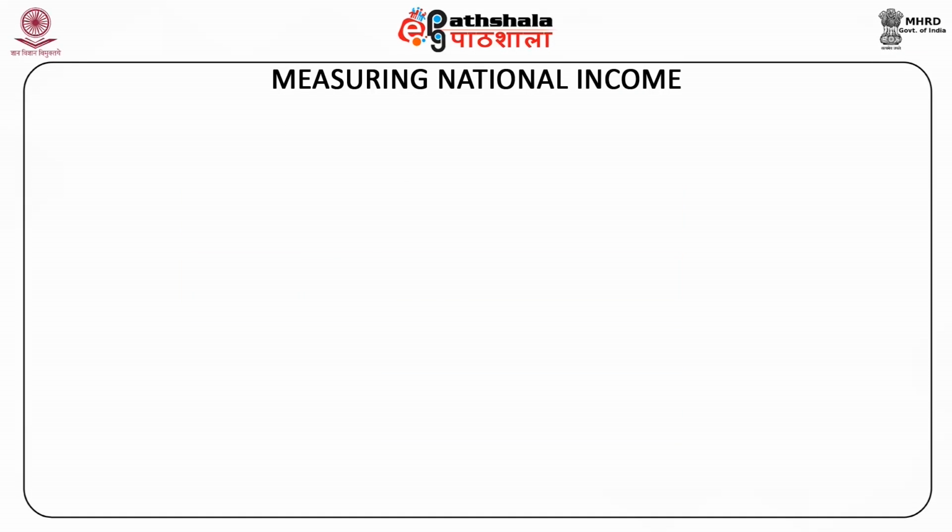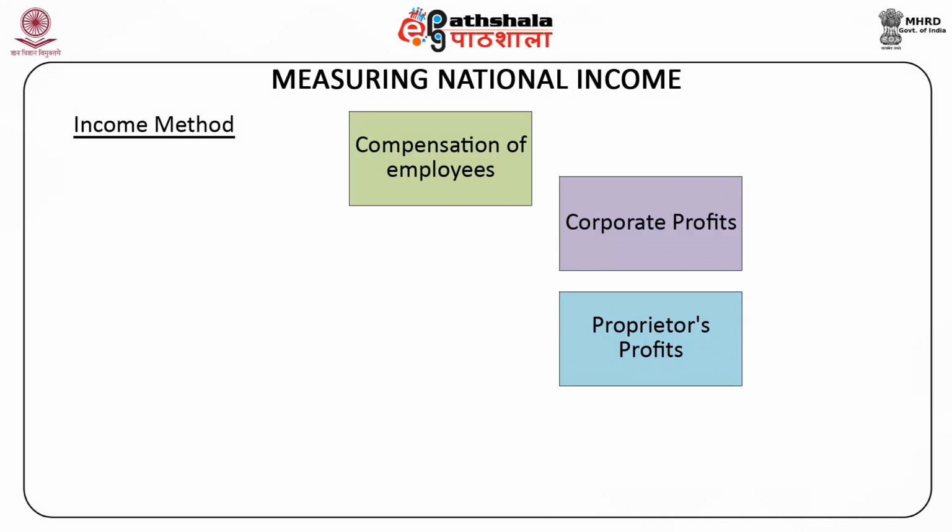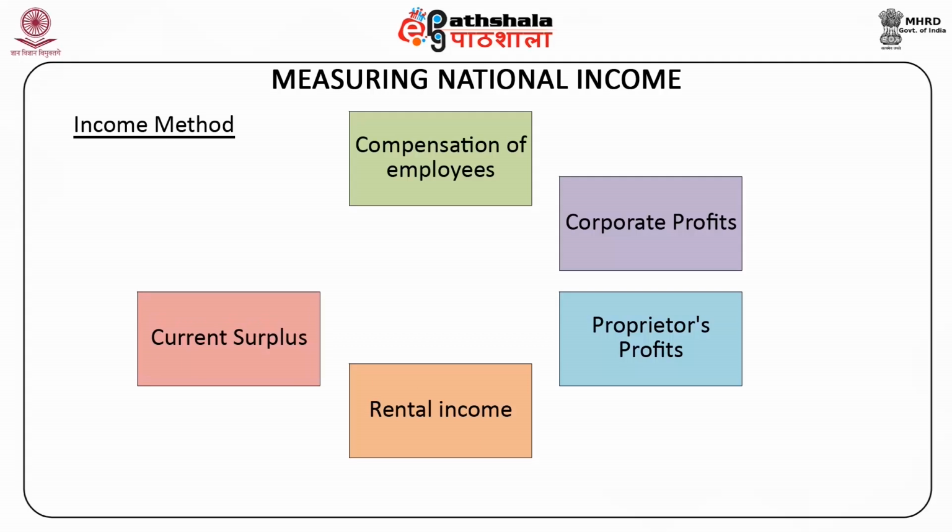GDP is the sum of all factor earnings made from the current production of goods and services, including profits earned by the producers and taxes paid to the government. Through the income method, GDP is computed as the sum of compensation of employees, corporate profits, proprietors' income, rental income of household, current surplus of government sector, and net interest.